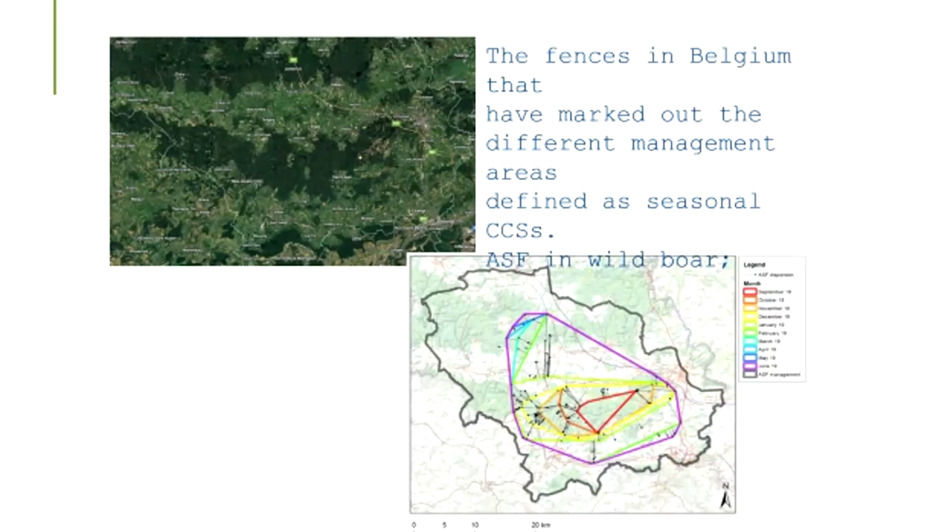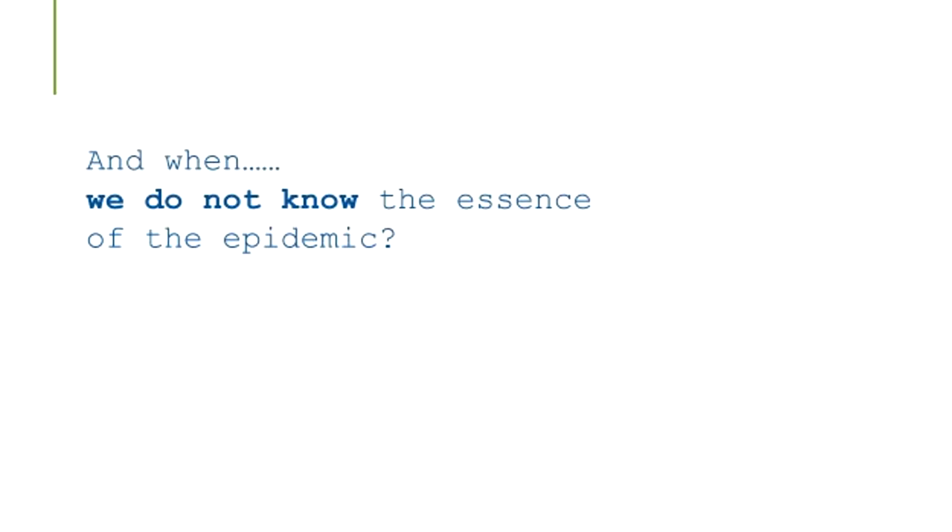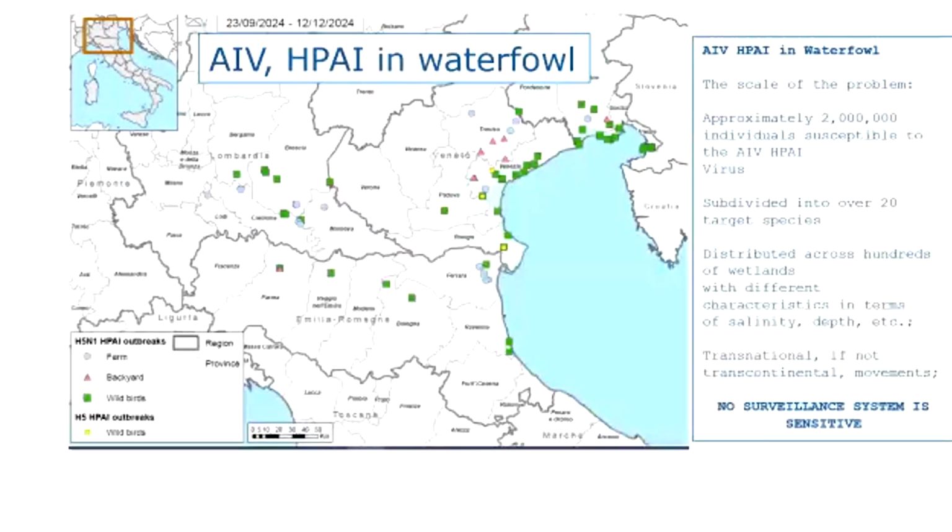So then we go to another disease that is most interesting, especially here in Padua. Paolo Molatti is laughing. This is HPAI in wildlife. Think about that. I'm very, very practical.